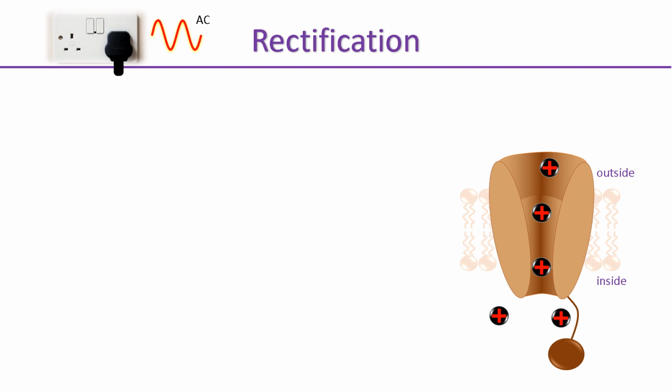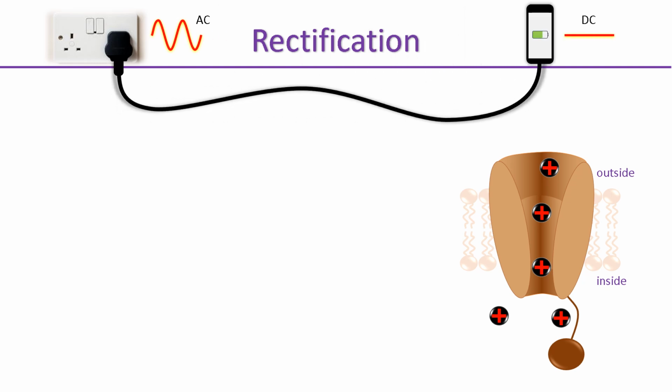But handheld devices operate on constant current, that is DC or direct current. Rectifiers are devices that convert AC to DC so that the current flows in only one direction, positive or negative.